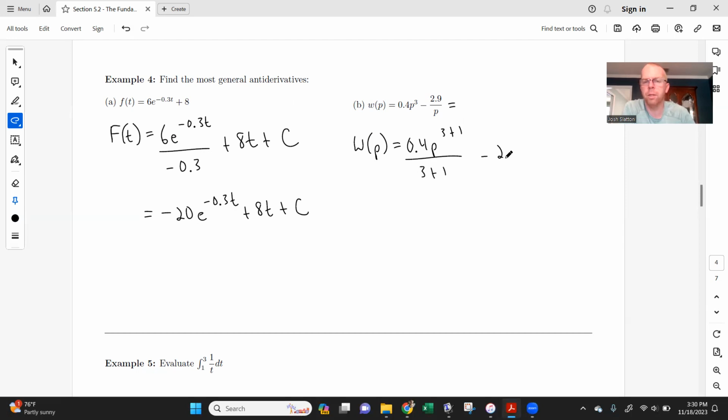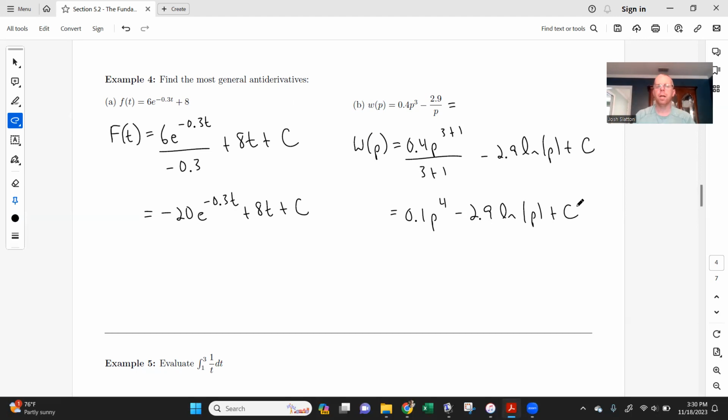And then this will be 2.9 ln of absolute value, can't forget that, plus c. And so this would be 0.4 divided by 4, which would be 0.1, p to the 4th, and then this one, 2.9, don't really have to change this one, ln of absolute value of p plus c.